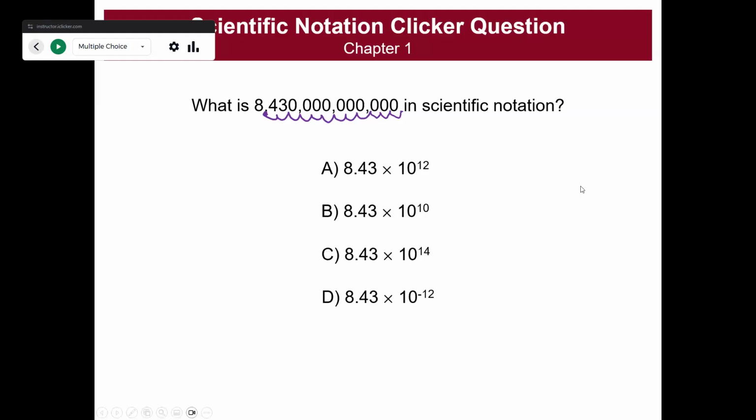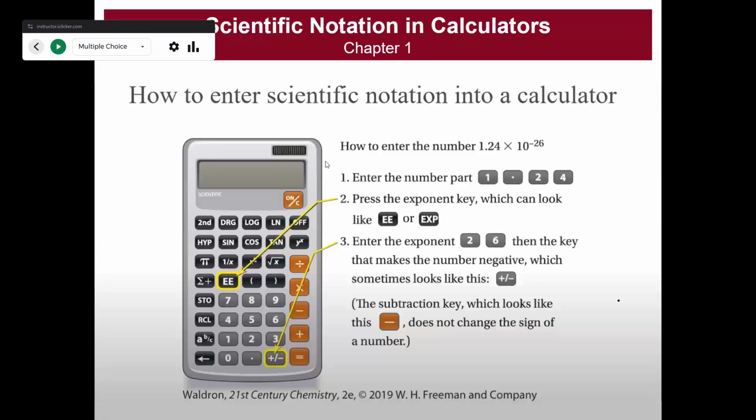All right. So let's keep going. Here are some tips for entering scientific notation in your calculator. I know that calculators have a times 10 to the whatever button, but I'm telling you right now, do not use that button. There's another button on your calculator that has an EE symbol or an EXP, and it might be a button you can just press, or it might be one you have to press second to get to the EE or EXP.